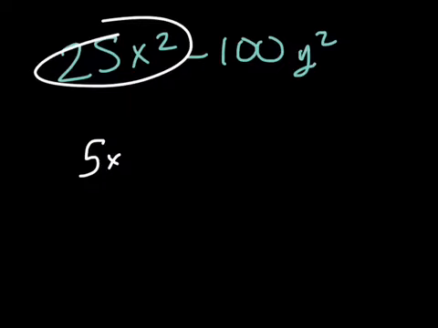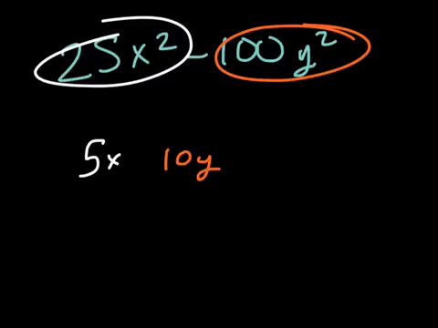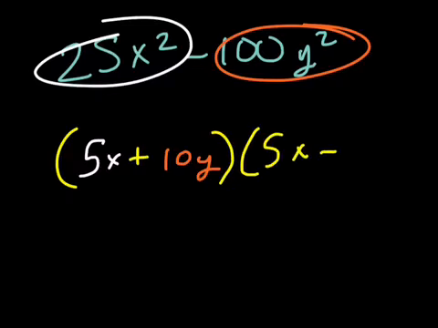The square root of 100y squared is 10y. So this will just be 5x plus 10y, 5x minus 10y. And like the example of perfect squares that we did that had two variables, we could solve this in terms of one of the variables, but that's as far as we could take it.